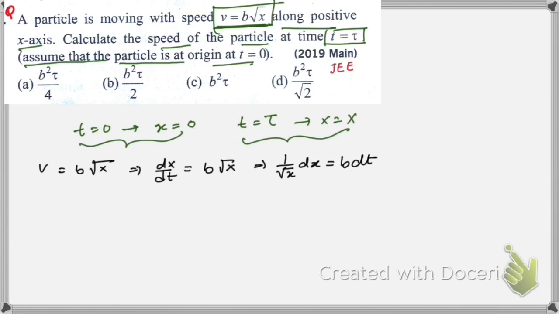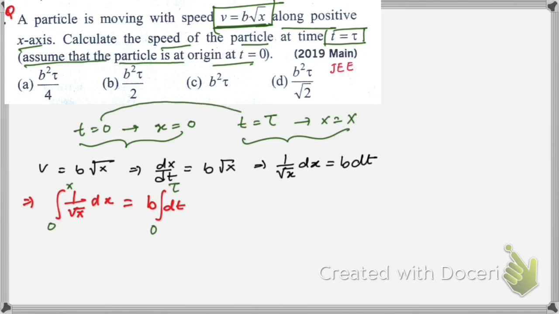Let us integrate both sides. b is constant, it can be taken out of the integral. Here we are integrating x from 0 to x, and the time component is integrated from t equal to 0 to tau.